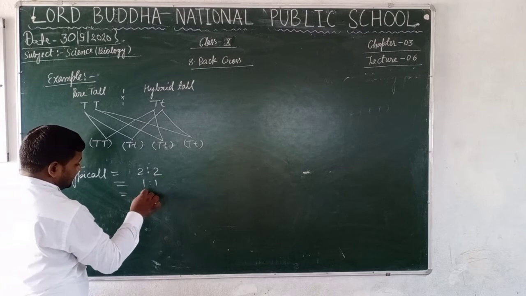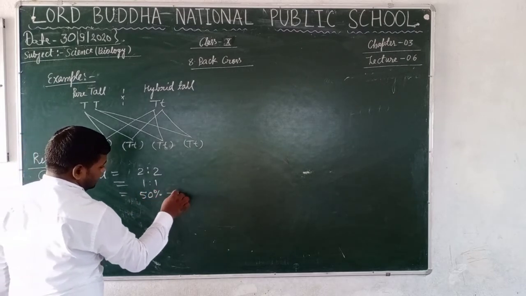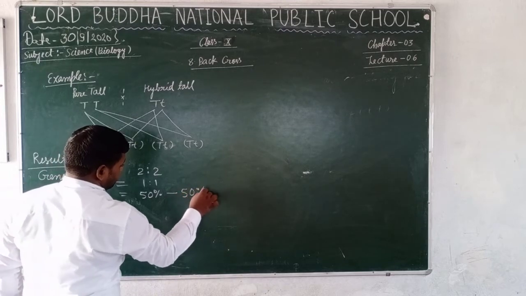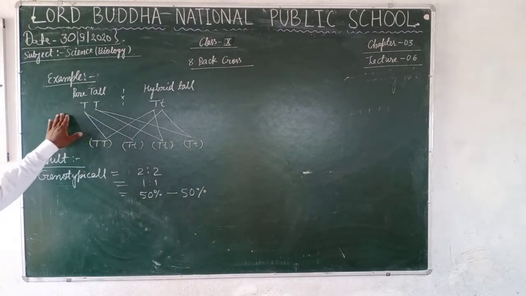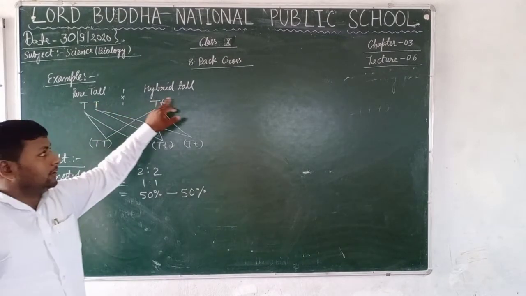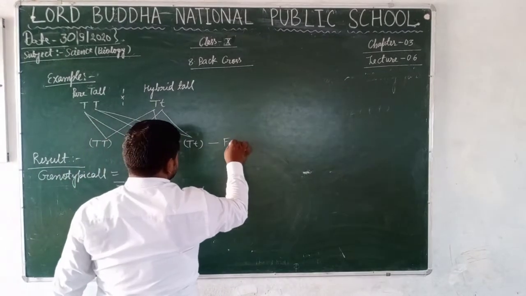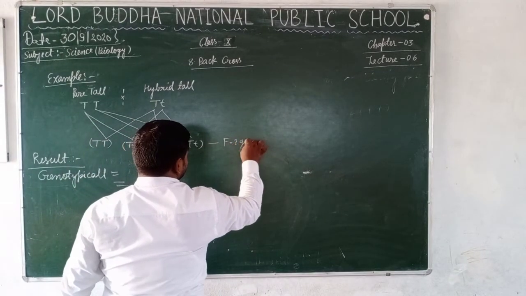It means 50-50%. Genotypically a 50-50% ratio is obtained when the cross is made between a parental generation and the individuals of the F1 generation. This is the F2 generation.